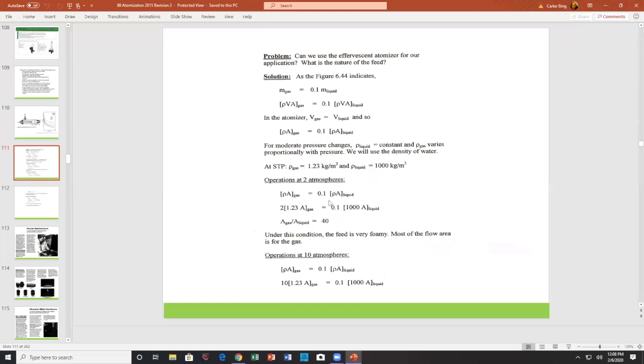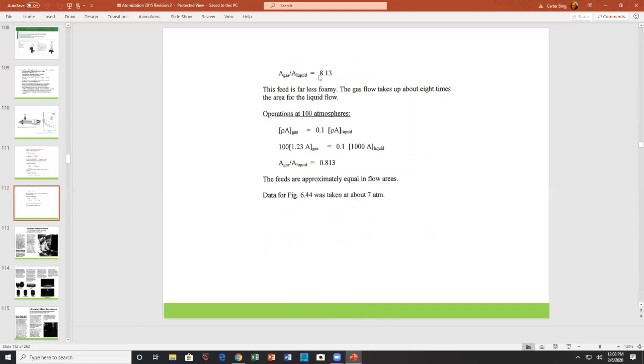Or if I'm at 2 atmospheres, the gas to liquid area ratio is 40. In other words, the area of the gas is 40 times the area of the liquid. And then at 10 atmospheres, density goes up by 10, and I quickly find that the area of the gas is 8 times that of the liquid. At 100 atmospheres, the gas area and the liquid area pretty much equal each other.